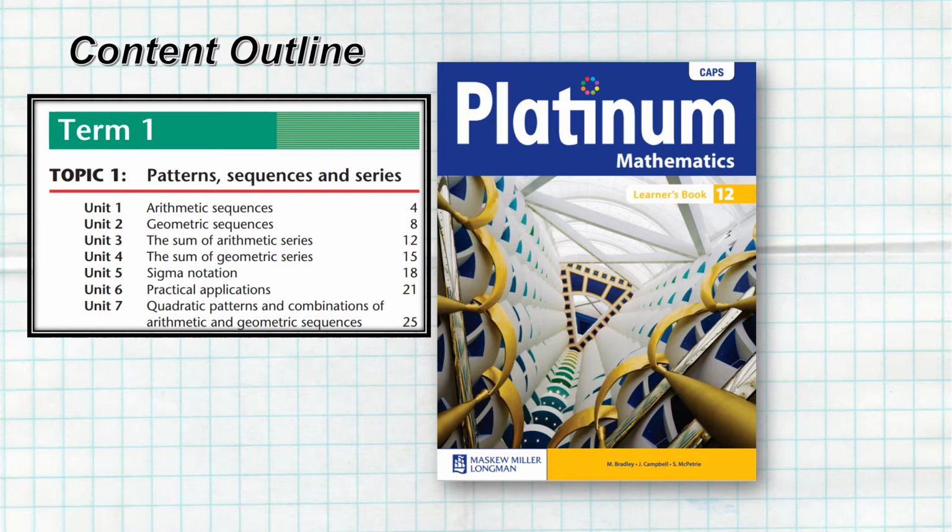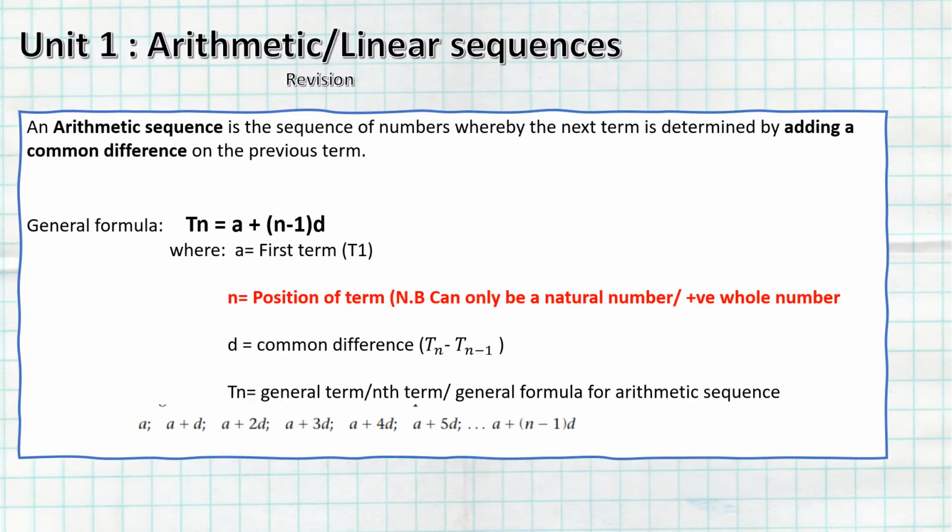Okay, let's quickly start with unit 1, which is mainly arithmetic sequences, also known as linear sequences. From previous grades, grade 11, grade 10, grade 9, grade 8, and I think also in grade 7, you called it a linear sequence, maybe without being really aware.